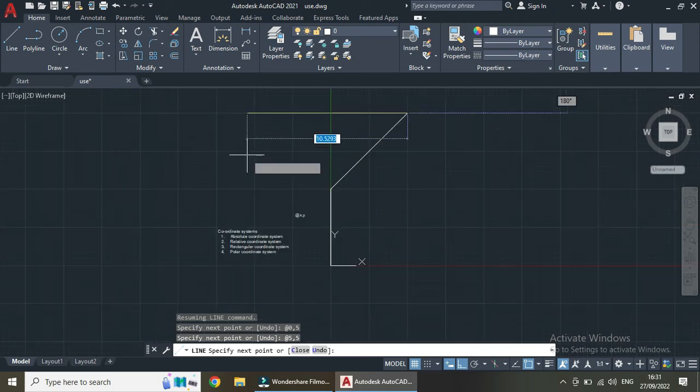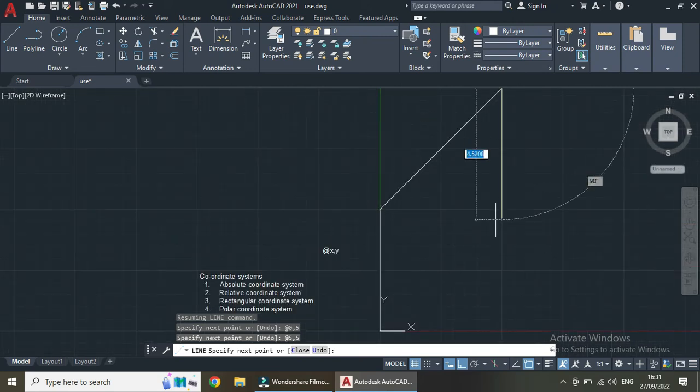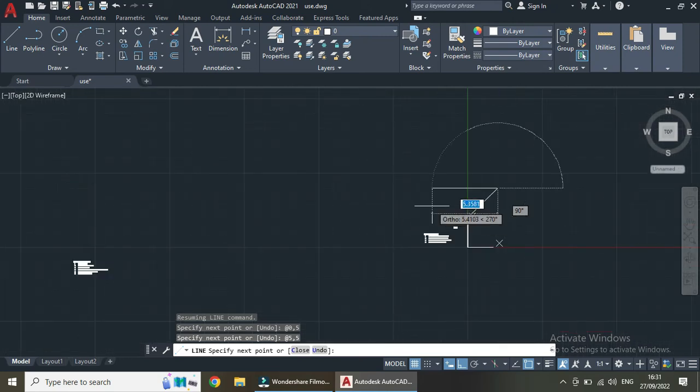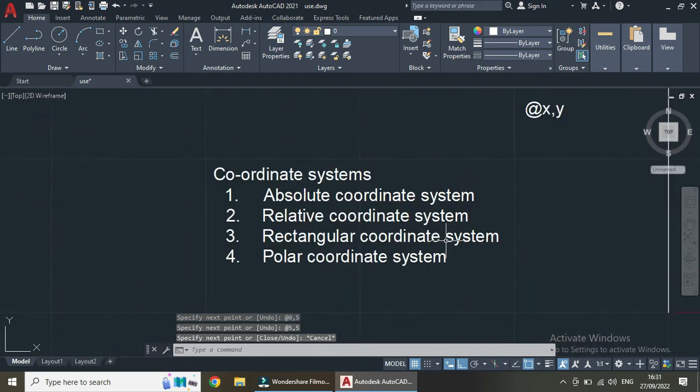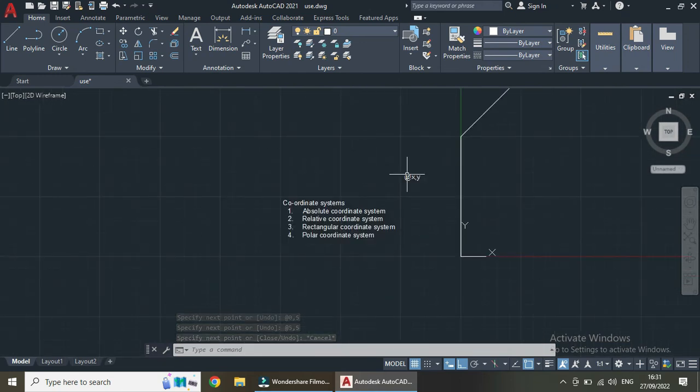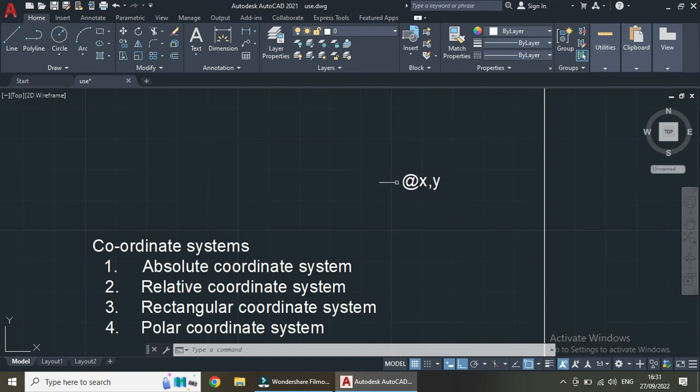Why it is showing like this? So this one is the relative coordinate system. We will be using this format for this one.